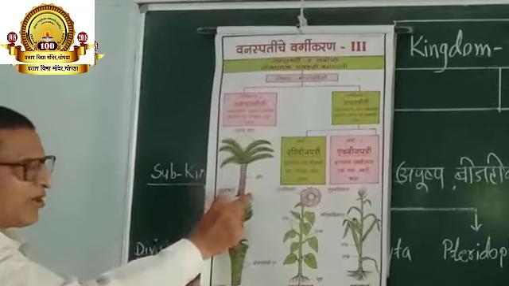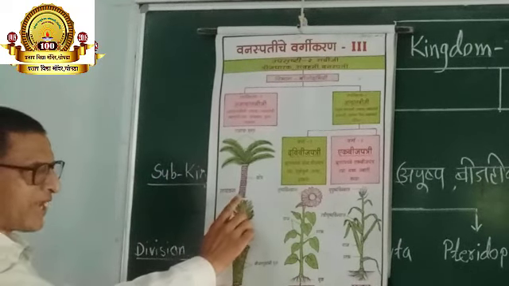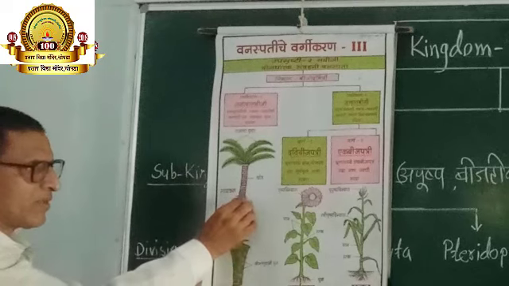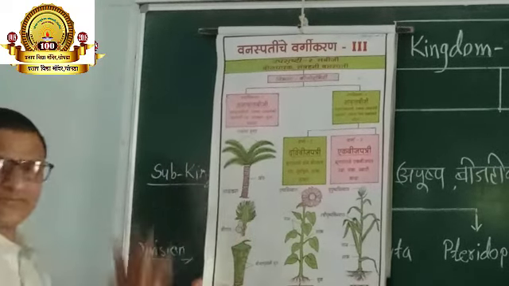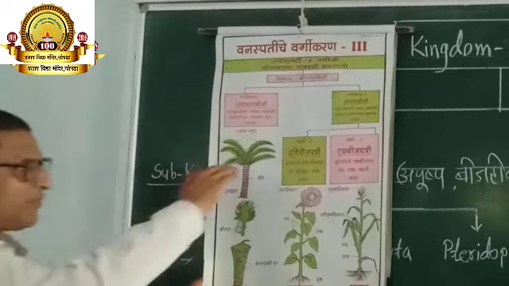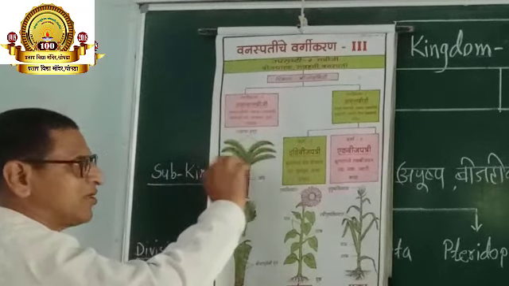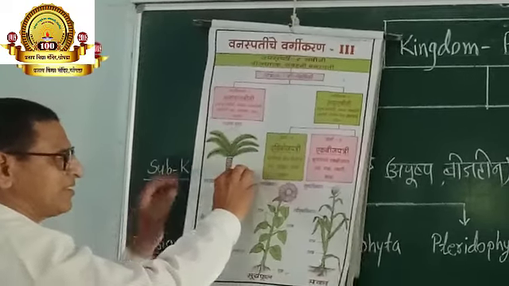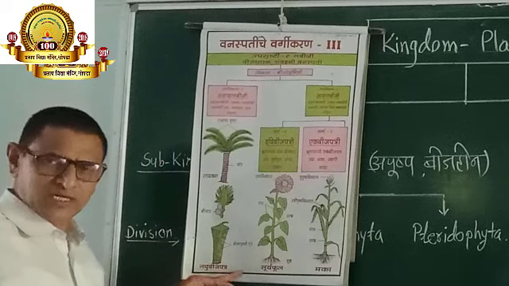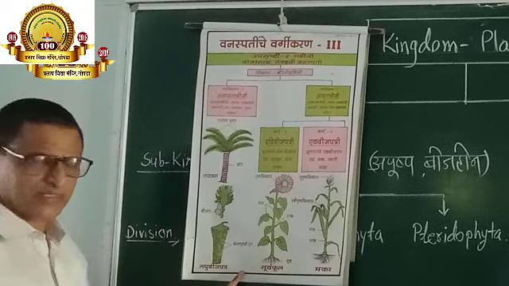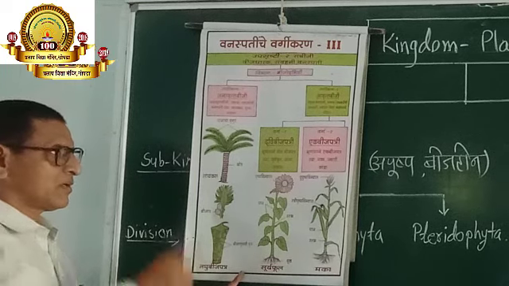That is a figure of cycas plant. Stem is straight, no branches are here. On the top, leaves are present, and these leaves form a crown shape. That is a crown of king, like this.